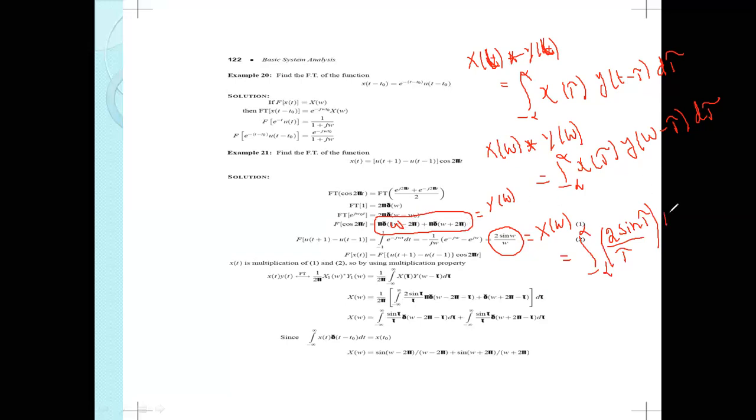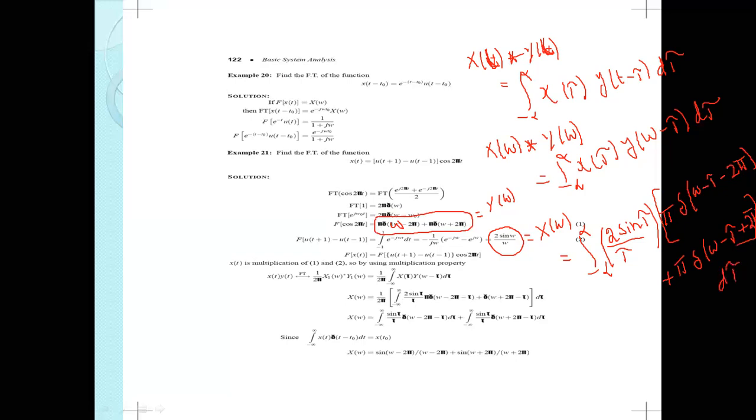So it becomes pi into delta of omega minus tau minus 2 pi, whole multiplied, plus pi into delta of omega minus tau plus 2 pi. Okay. Whole multiplied, and d tau.